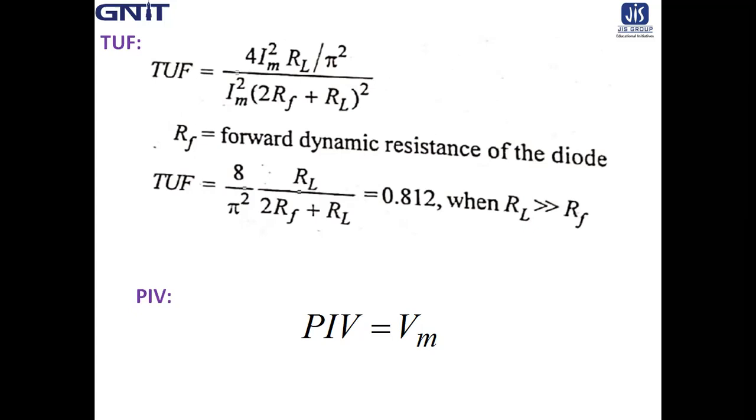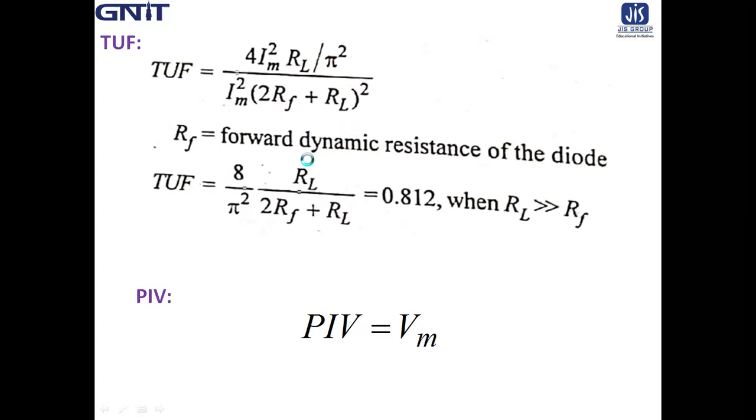So the current flowing through the secondary winding of the transformer is purely sinusoidal and is given by TUF equal to 4Im square RL by pi square by Im square into (2RF plus RL) whole square.